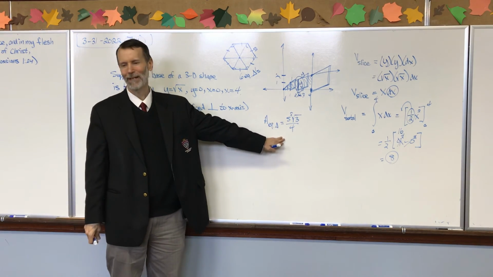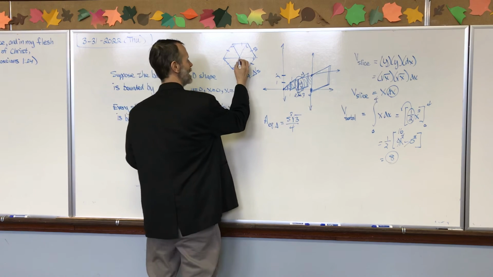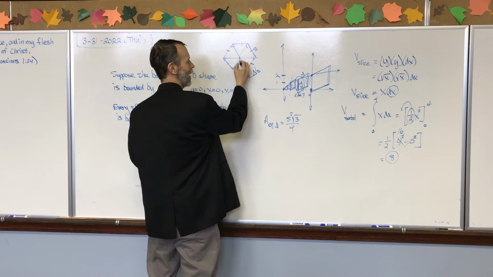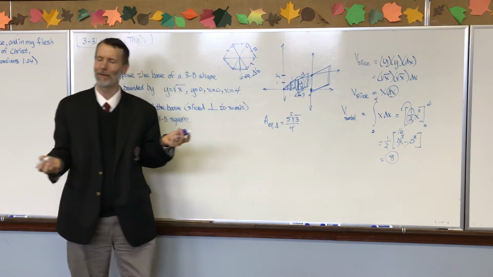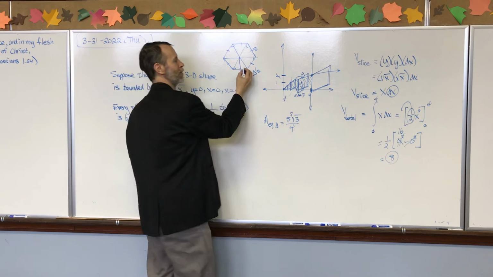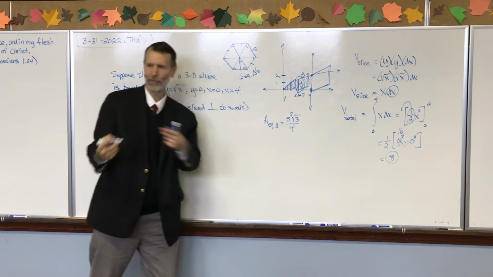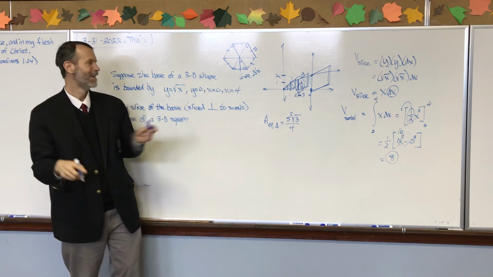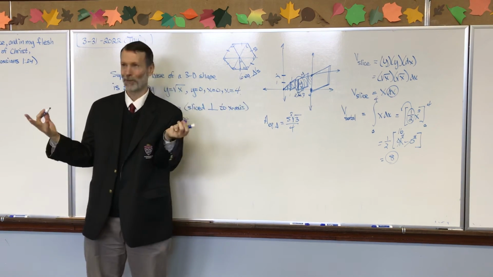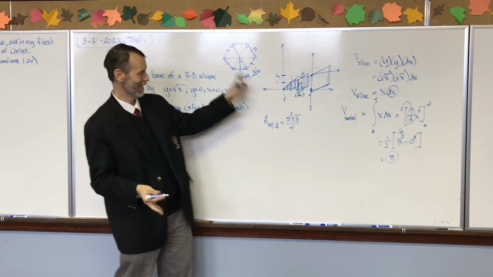Long story how we got that, but they basically found the height of this triangle. They did base times height divided by 2. And this is a 30, 60, 90 triangle. So they did 1, 2, radical 3 and found the height, then found the base, then multiplied them and divided by 2, and ta-da.